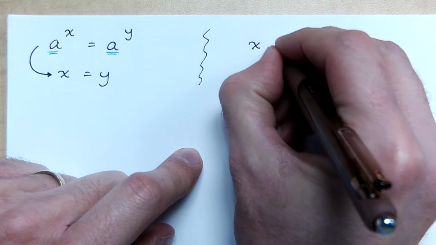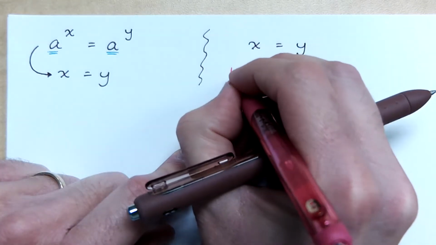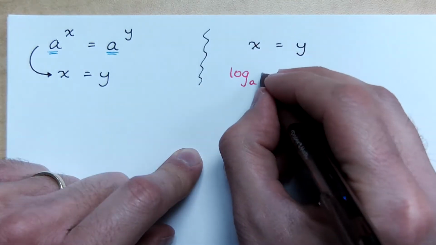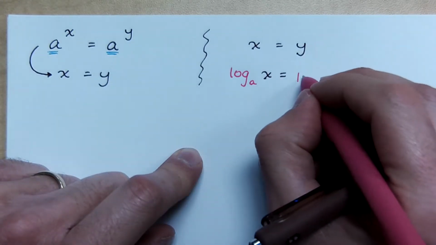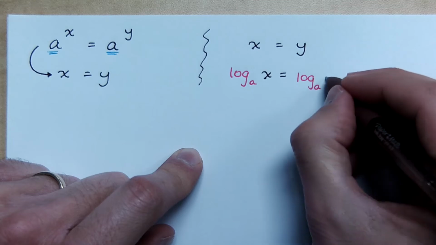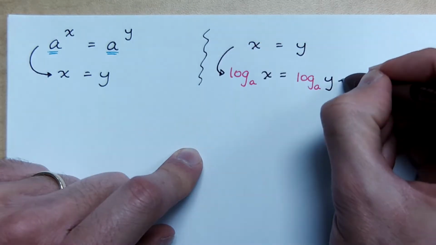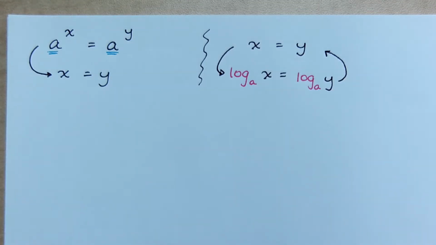If you have an equation like this, you can apply a logarithm. I don't care what the base is, as long as it's the same. You can apply a logarithm to both sides of the equation, and it's still going to be something that's true. So you can go to here, you can go back up here, just one big circle, one big happy family.